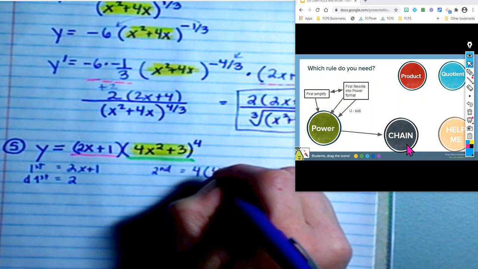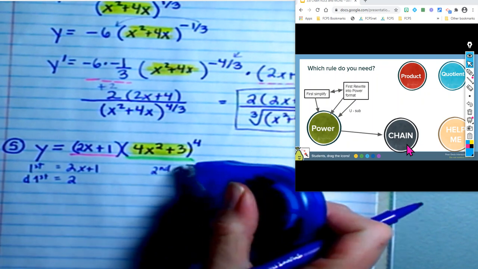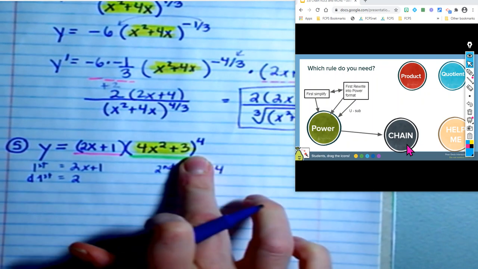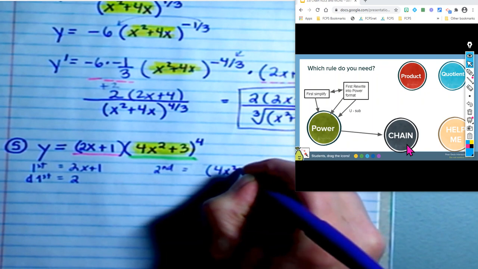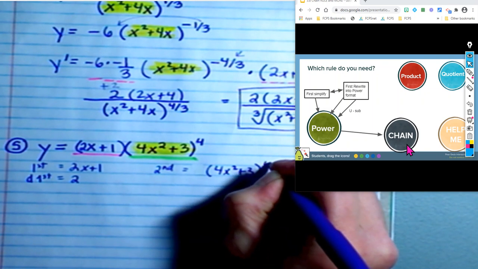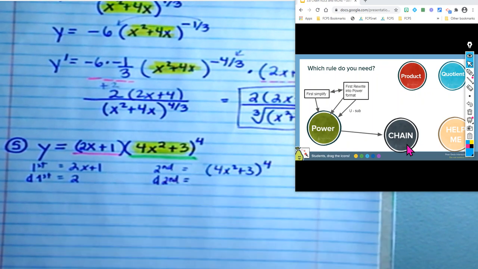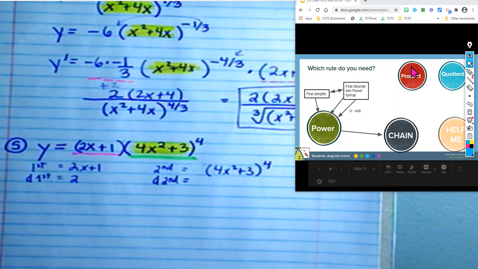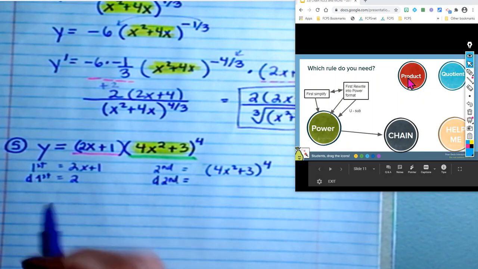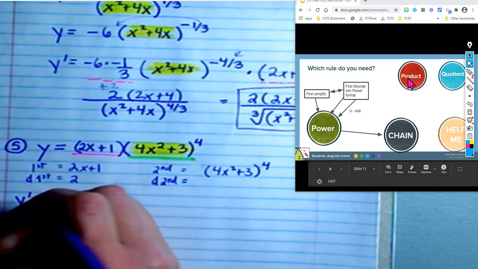Second, jumping ahead of myself. Okay, second is 4x squared plus 3 with the 4th power. Derivative of the second. Okay, this is the part where, right, the product rule is just filling in pieces.